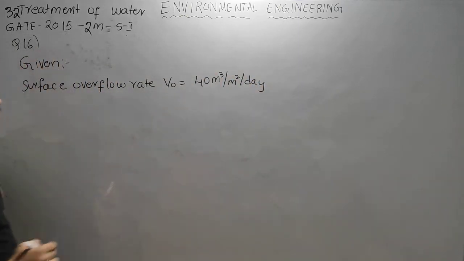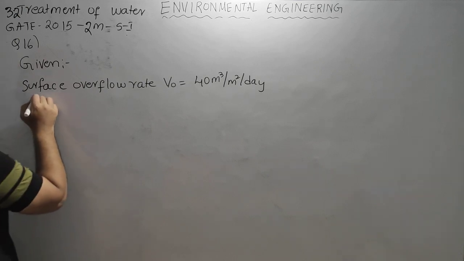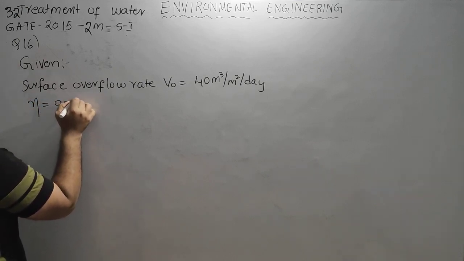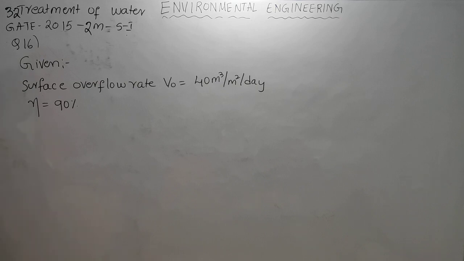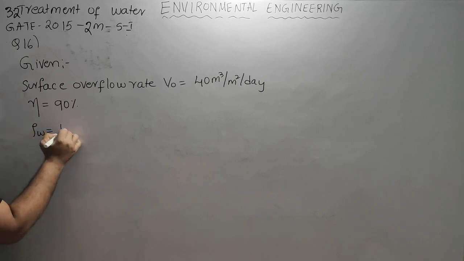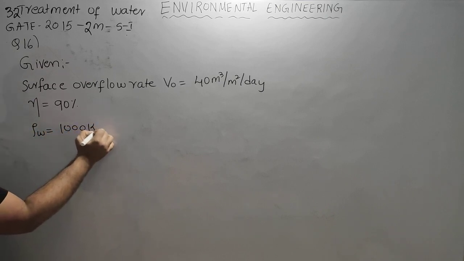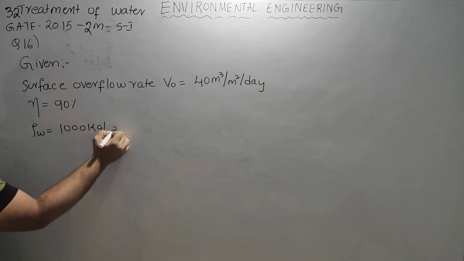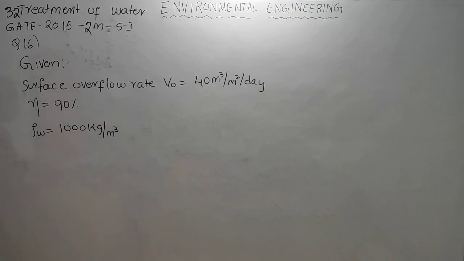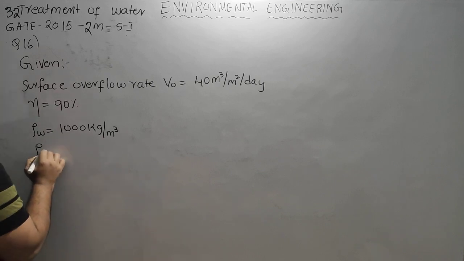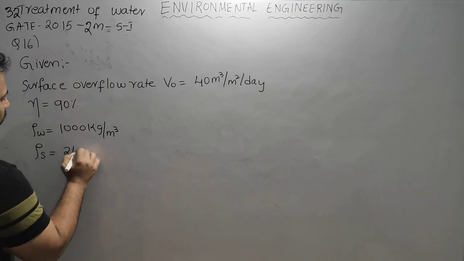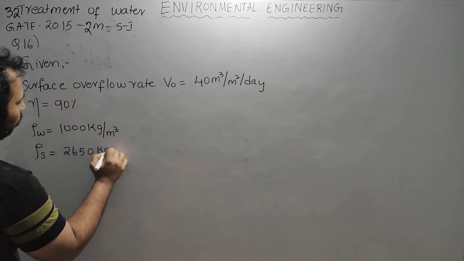So this is V0 and the efficiency is 90%. And assume the data for Stokes law. Density of water, so rho W is 1000 kg per meter cube, and density of particle, so rho S, is 2650 kg per meter cube.